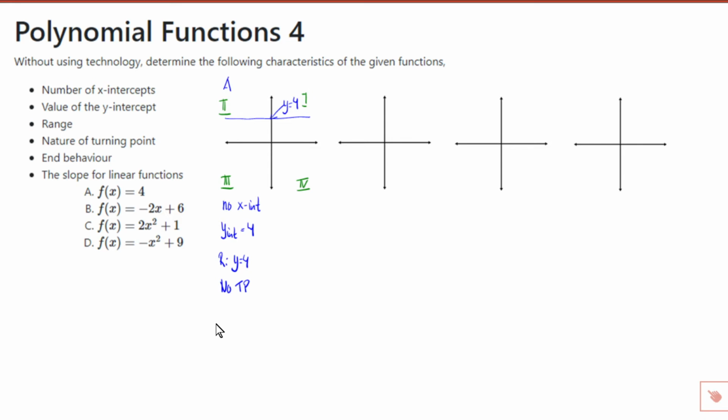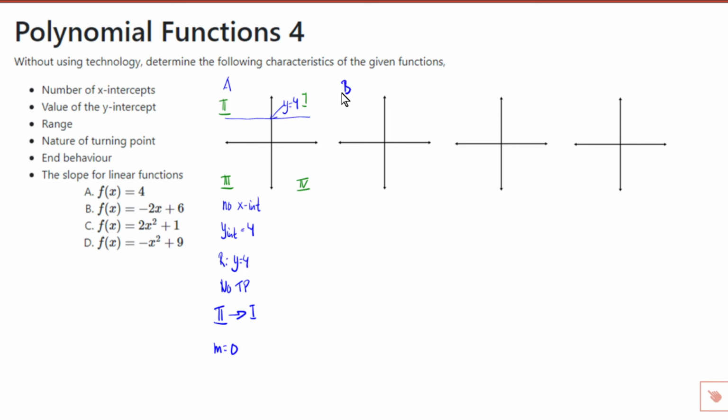So in terms of the end behavior, it starts out in quadrant 2, and then it ends up in quadrant 1 on the right hand side. This is a linear function because it's a straight line, and the slope for a horizontal line is 0.